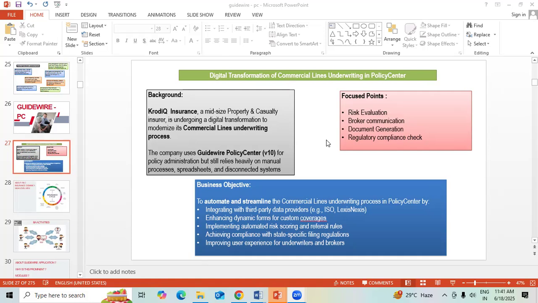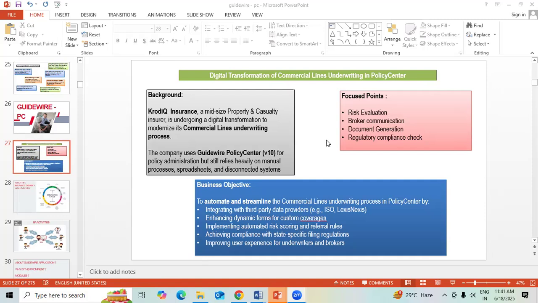So this company is undergoing digital transformation, and they want to modernize their commercial lines underwriting process. For this, they are using Guidewire Policy Center version 10 for policy administration.